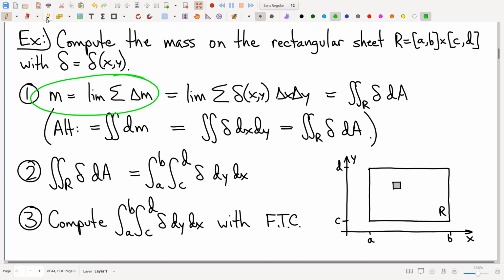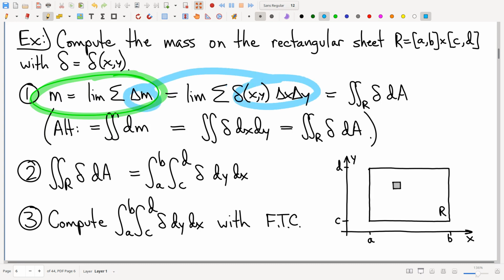The whole is the sum of the parts. Sorry, I wanted to be in highlighter mode. The whole is the sum of the parts. This is how mass works. Right? Mass is an accumulating quantity. On any individual little piece of my rectangle, mass is mass per unit area times area. You might take this fact as a definition of what we mean by mass per unit area, right?